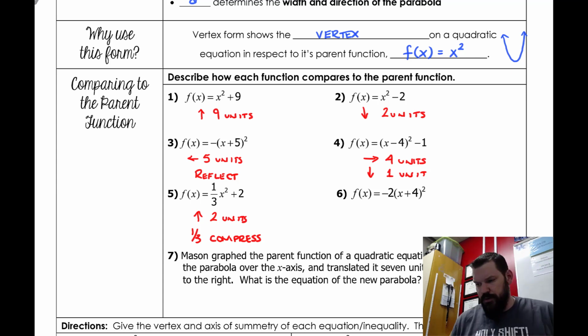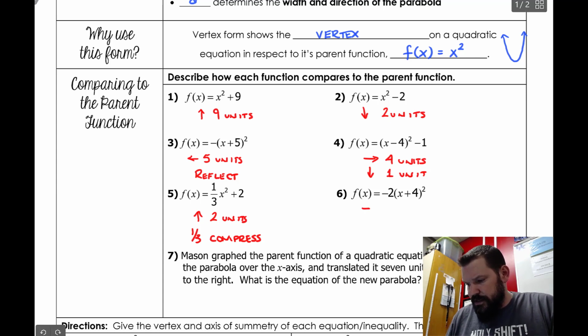If we stretch it, it actually pulls it up some more, and we're going to see that here with number 6. With number 6, the plus 4 moves it left 4 units. The 2 stretches it, and then the negative reflects it over the x-axis.